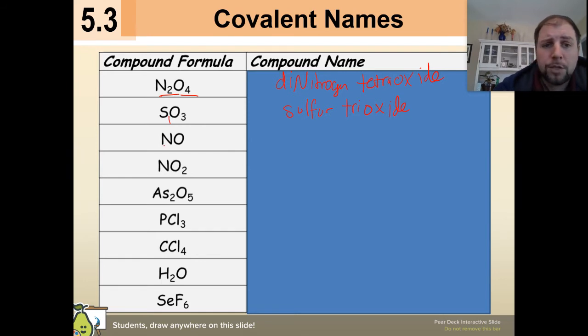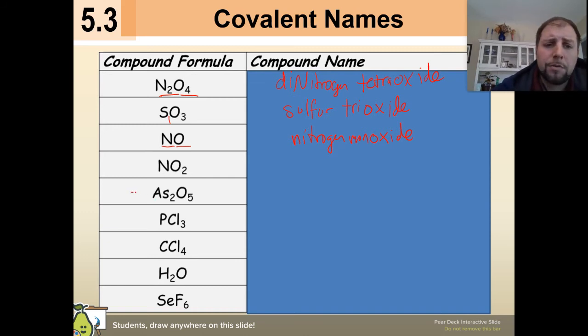Okay. Next one, we got nitrogen and oxygen. So I'm going to start by writing nitrogen and then oxide. All right, not oxygen, but oxide. Okay, so here we go. 1 nitrogen, so we leave it blank, and 1 oxygen, so we would put monoxide. So this is nitrogen monoxide.